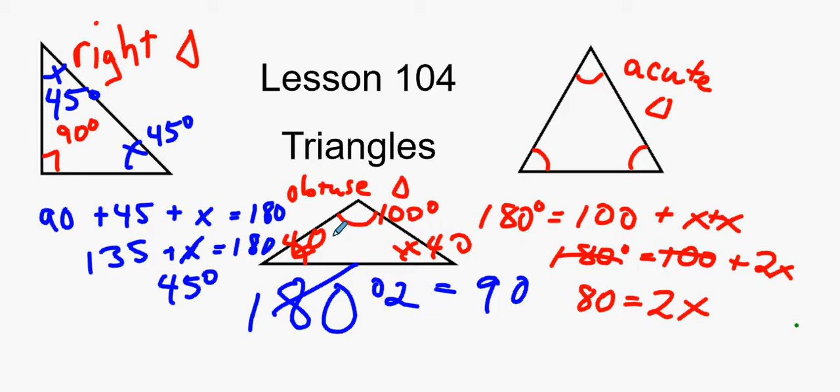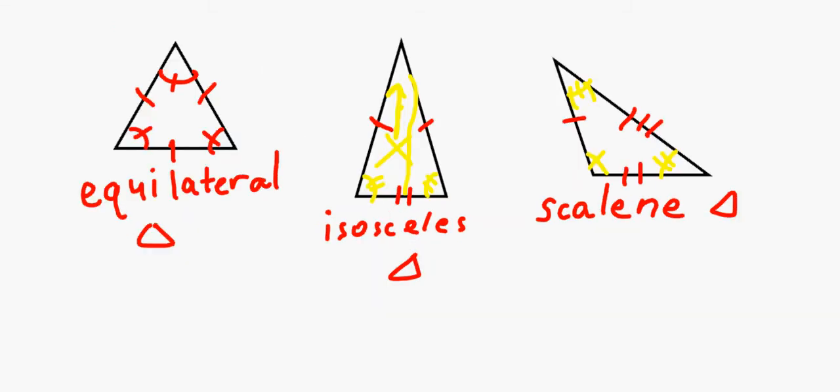Take a look at example 104.2 on page 323. That looks to be perhaps a scalene triangle. So we can look at this one as our example. One angle is 50 degrees.